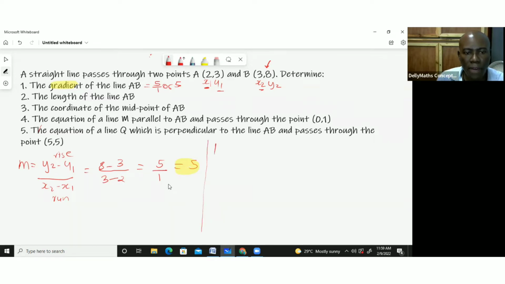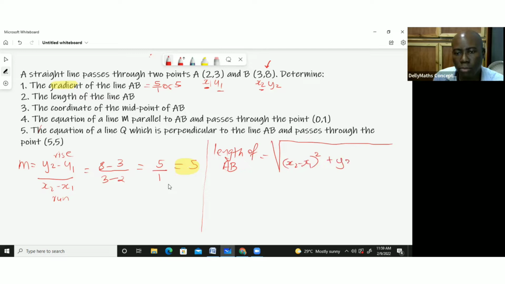Now we want to find the length of AB. The formula for that is, and you have to memorize your formula because you don't get these formulas from CXC, the difference between X2 and X1, so X2 minus X1, squared, plus Y2 minus Y1, squared, because we're utilizing the Pythagoras theorem as we go along here.